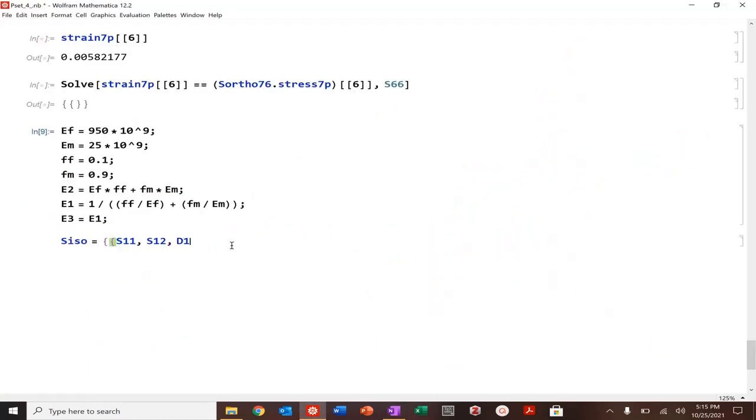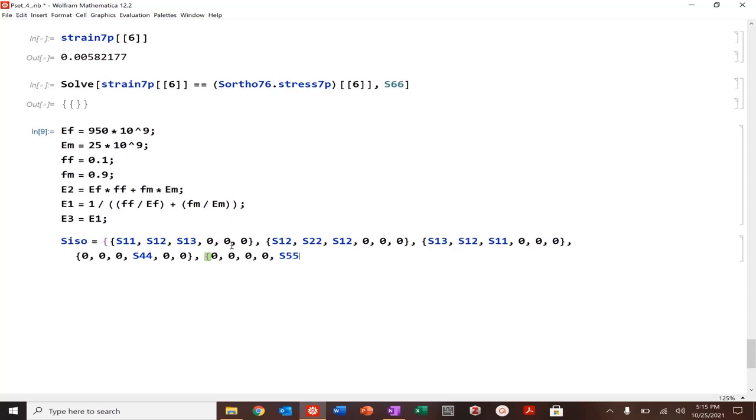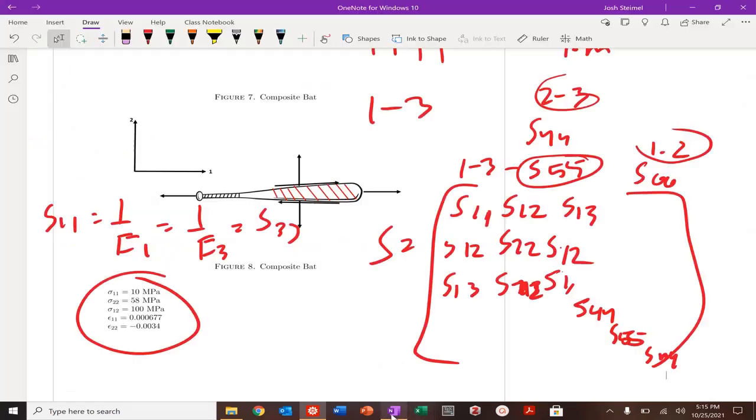So S13, S12, S22, S11, S44, S55, S44. Let me make sure that that looks correct.